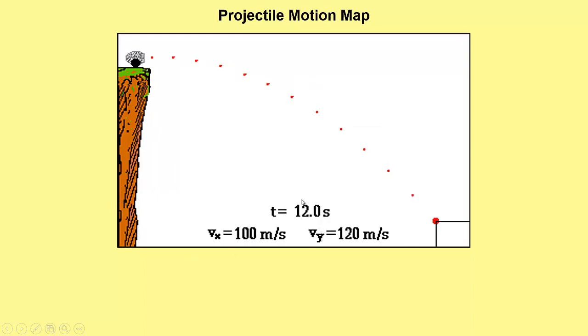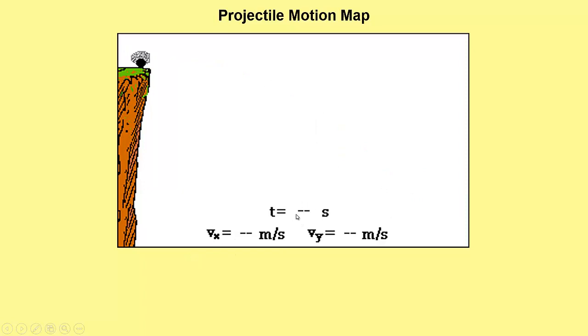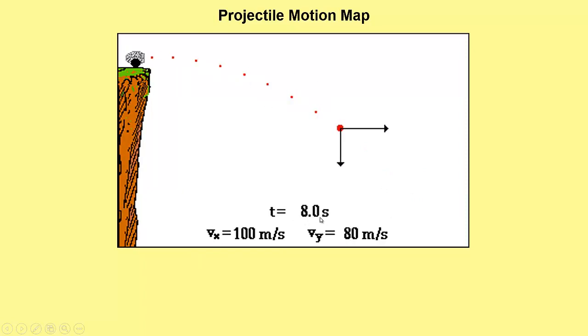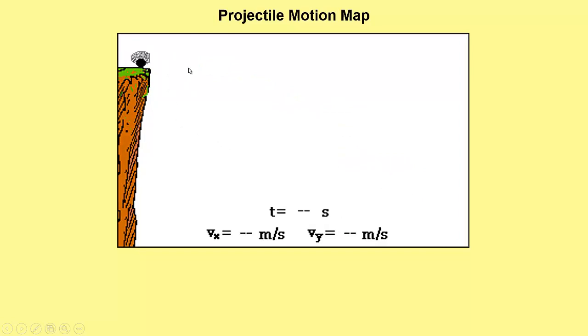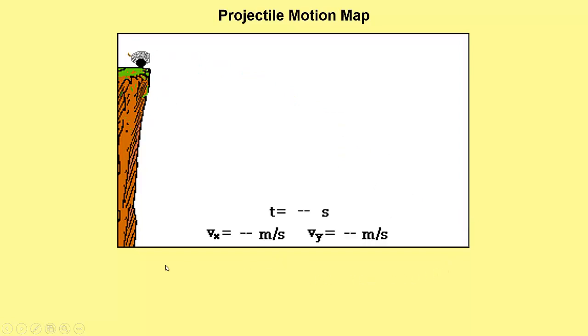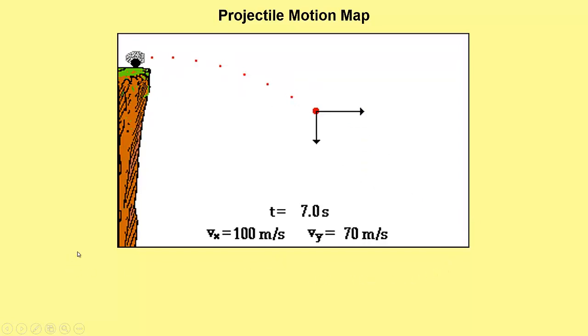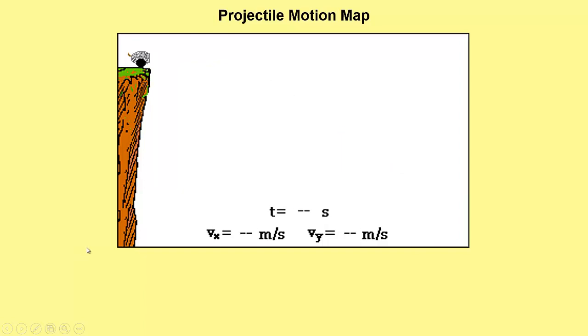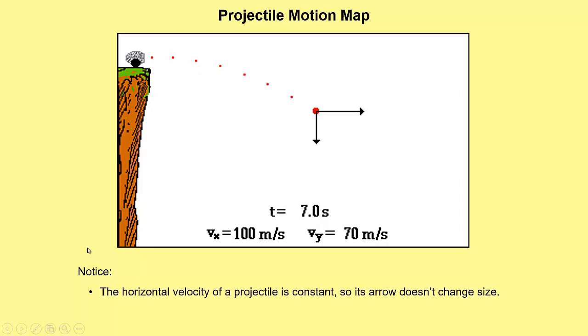I want you to notice a couple of things. First off, as you watch the GIF, every dot is about a second. Look at the horizontal velocity arrow. What do you notice? It stays the same size the whole time. Why? Because, as we just showed experimentally and theoretically, the horizontal velocity is constant.